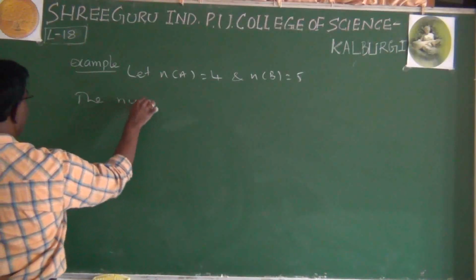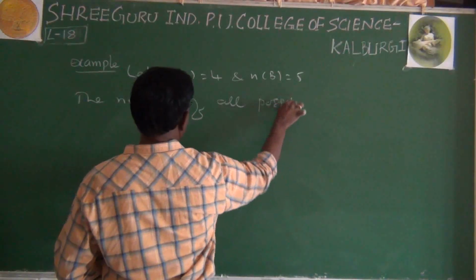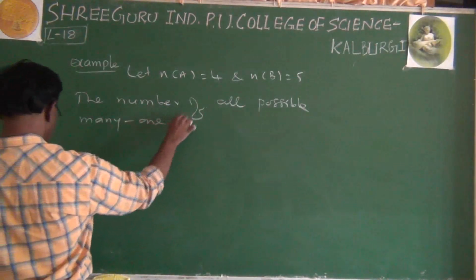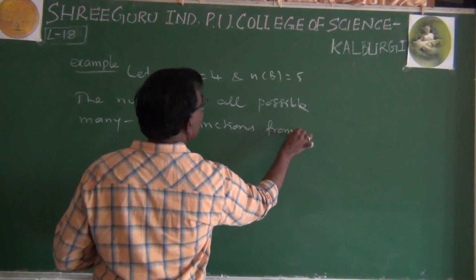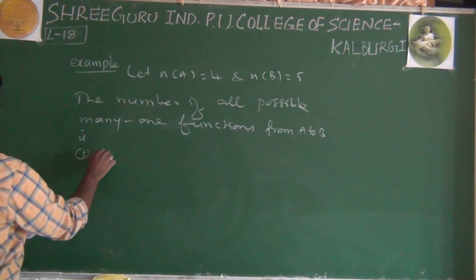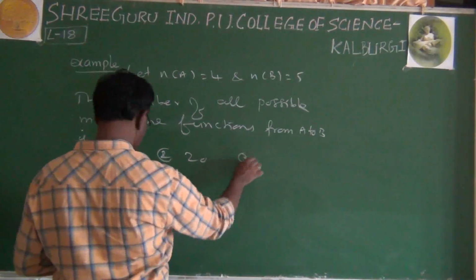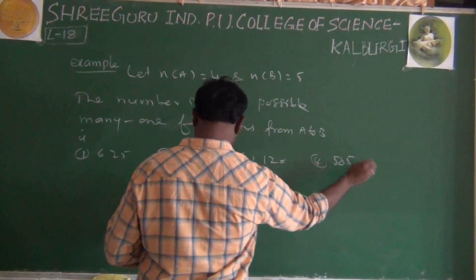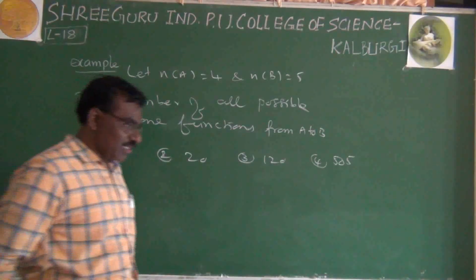The number of all possible many-one functions from A to B is: first option 625, second option 20, third option 120, fourth option 505. A very simple question, my dear students.